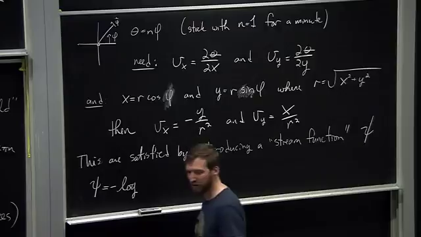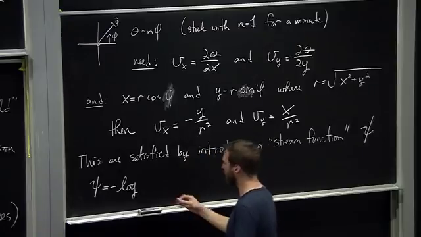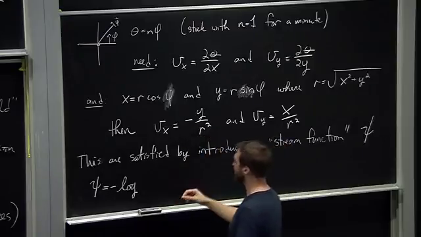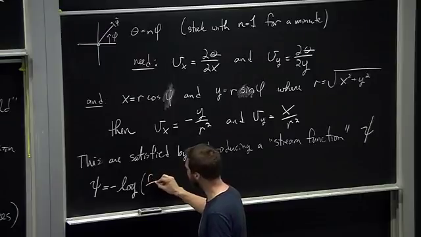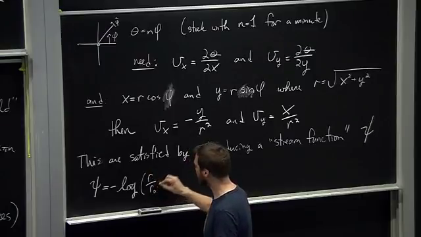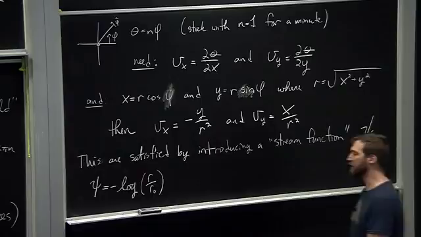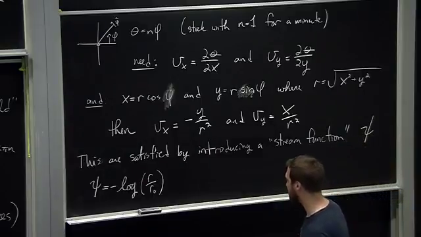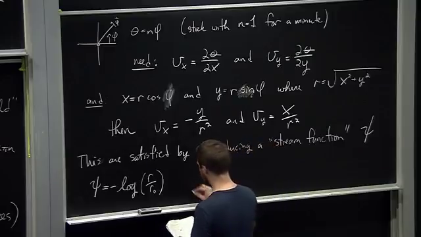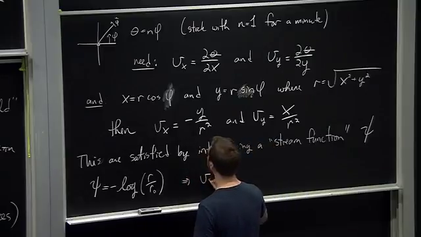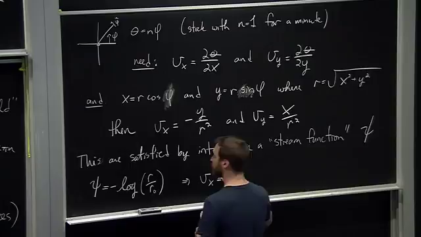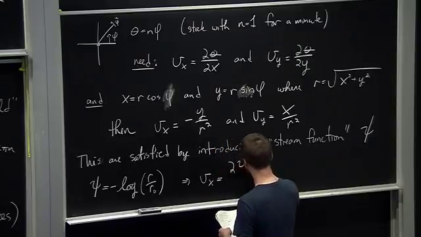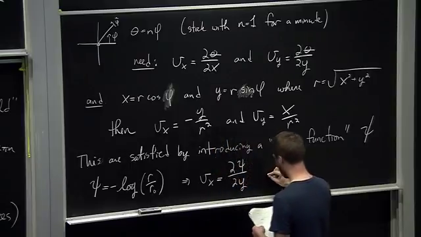So it's going to be a log. So if I have log of r, but I have this defined up to a constant of integration. So I'm just going to plug that into the log. Call it r naught. Then vx, so this is the y part, is a partial of the stream function with respect to y.